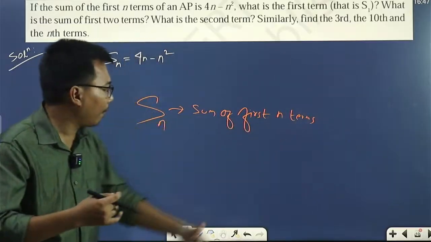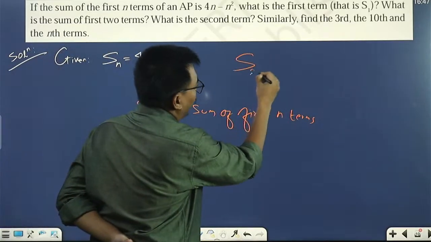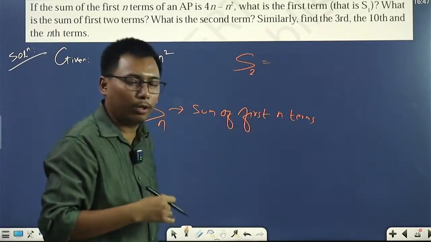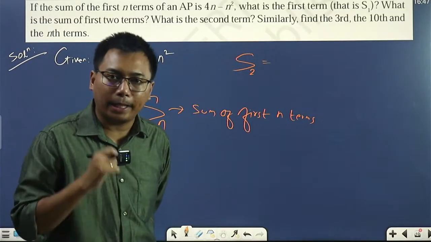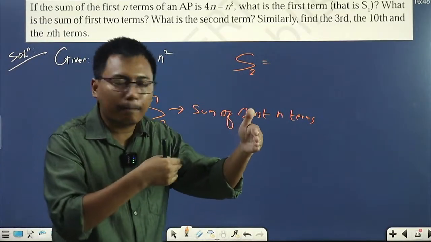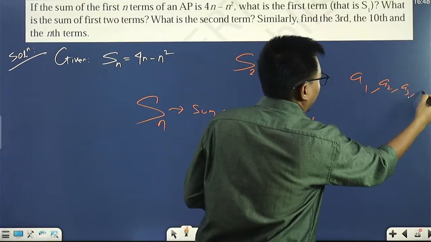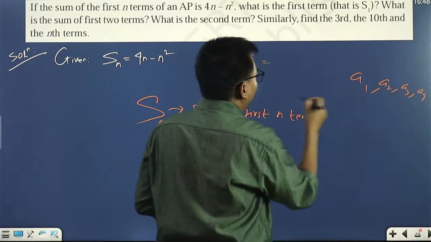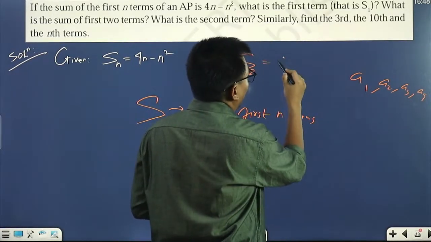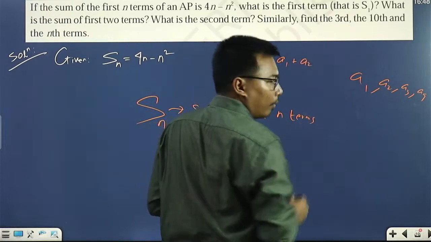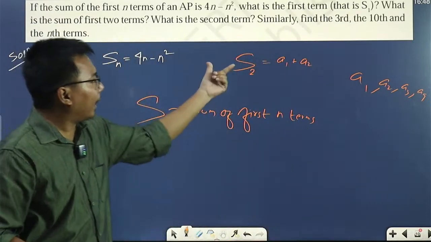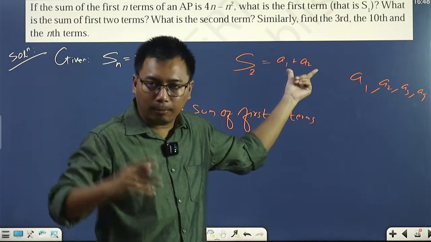So let's start with S2. S2 means sum of two terms. Let's say I have an AP, A1, A2, A3, A4, and so on. If I write S2, it means A1 plus A2, sum of two terms.